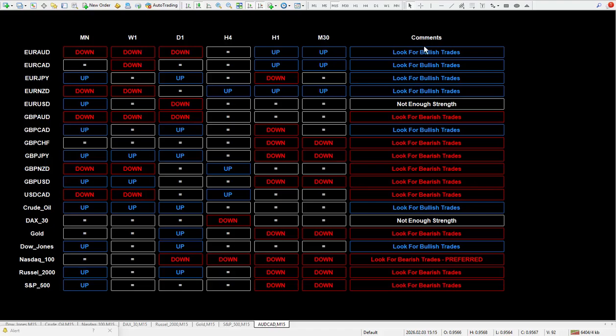Now here is my daily trade plan. It's running in real time, analyzing the charts from the monthly right down to the 30 minutes. After some calculations, within the comments here, it'll say look for bullish trades, bearish trades. Sometimes it'll say preferred, other times just not enough strength. Now, if you're trading without any kind of a daily trade plan, well, that's one good reason why you are still struggling.